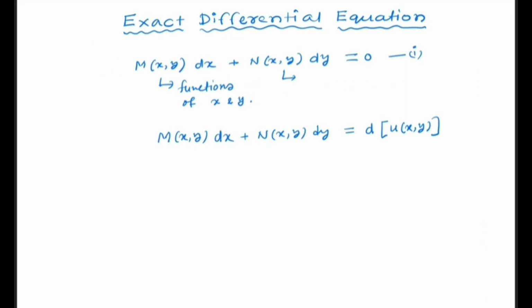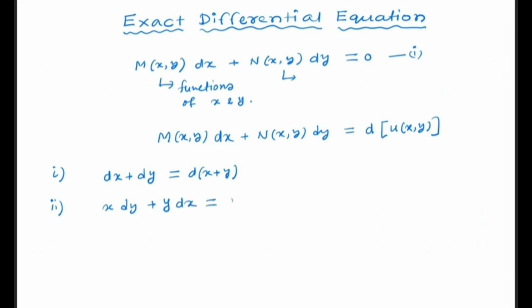Now, let's take some simple examples. The simplest example is dx + dy. One can easily show that this is nothing but d(x+y). Let us take another example: x dy + y dx.